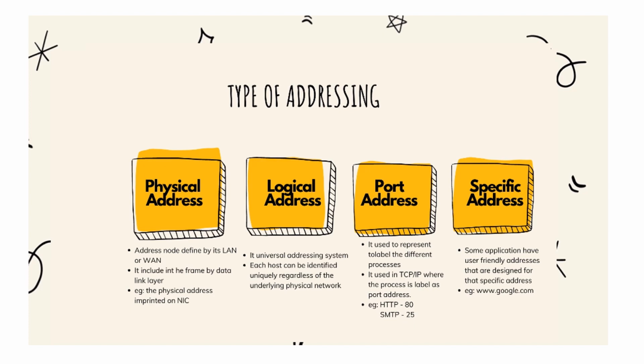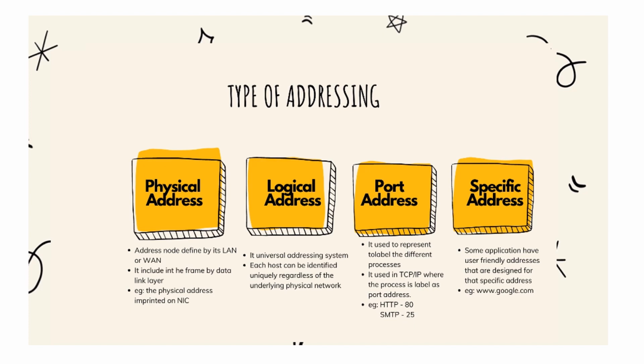So you need an address that is universal, which you can assign to any host connected in the network, so each host can be identified uniquely regardless of the underlying physical network. It does not matter what device you use, you must have an IP address. Most of the time we see the logical address in the network layer.